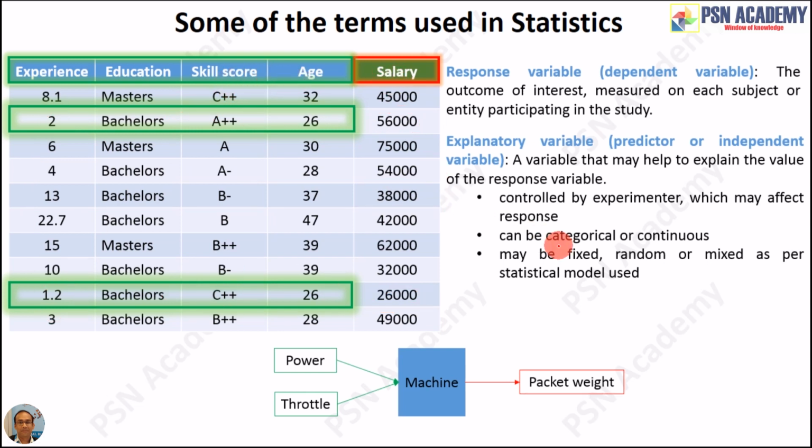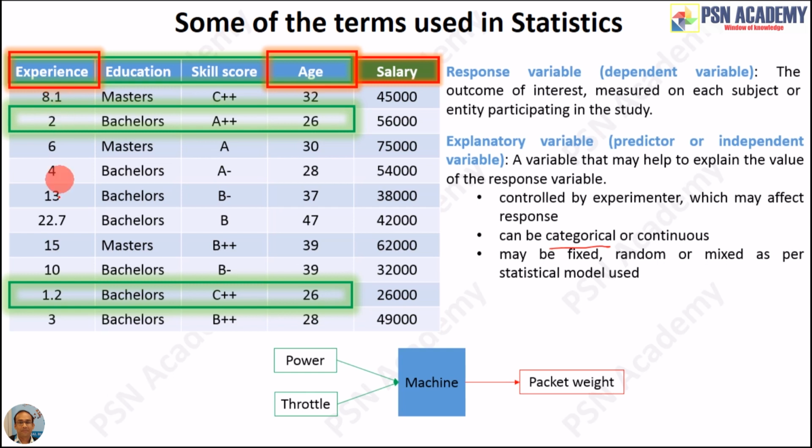Next, an explanatory variable may be categorical, that is education and skill score. These are non-numeric data, and the variables that hold non-numeric data may be called categorical variables. So this is a categorical explanatory variable, and experience and age are continuous explanatory variables because these are numeric data.